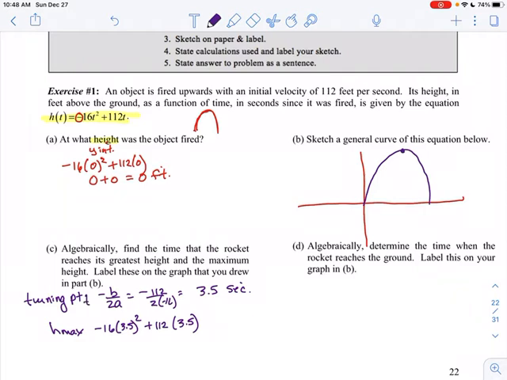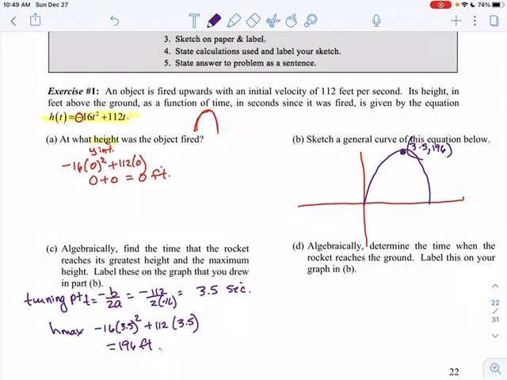This here was to find my t, my time, my x-coordinate. In your calculator, negative 16 times 3.5 squared plus 112 times 3.5 is 196. So this turning point right here is 3.5 comma 196. All right, so we got one point right there.